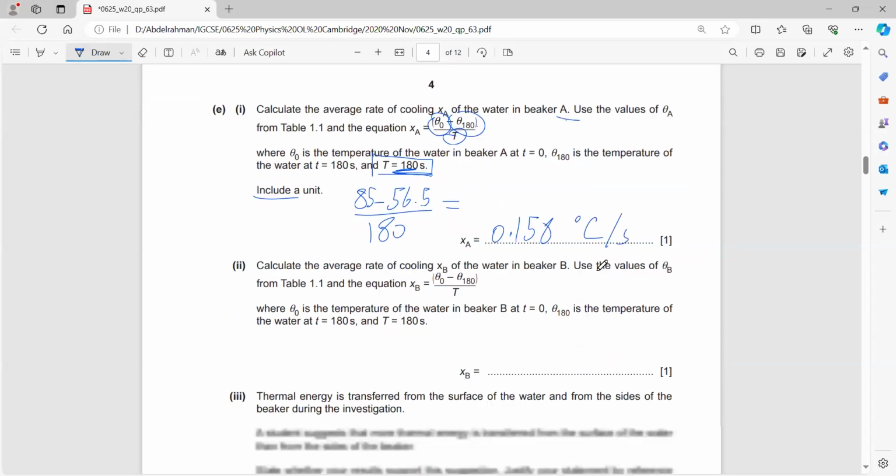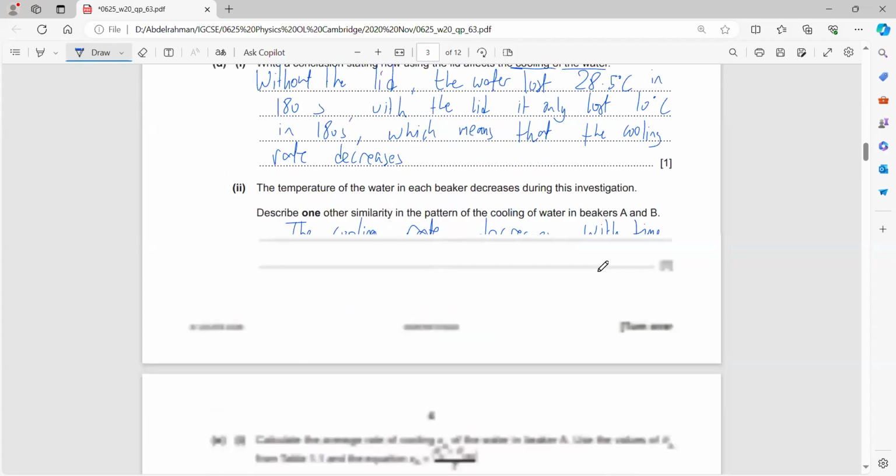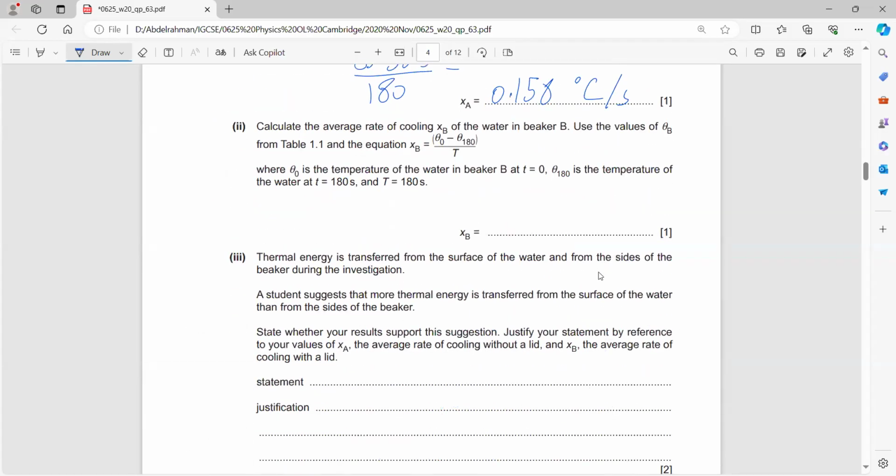The next one, beaker B, started at 86, ended at 76. Yeah, this is easy. 86 minus 76 divided by 180, which will be... what is it?